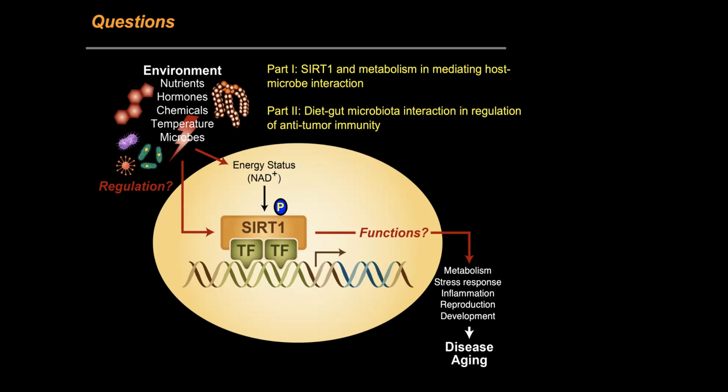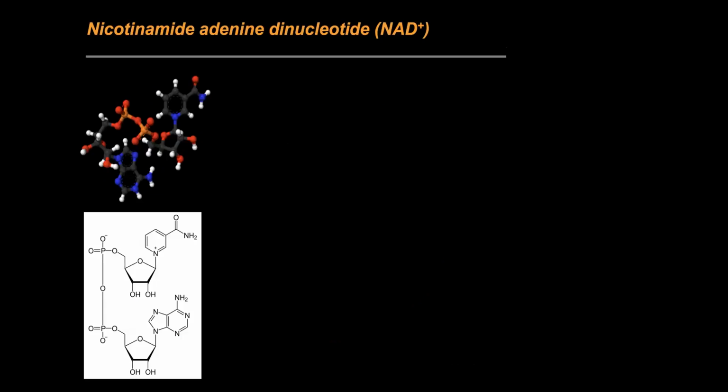However, since SIRT1's activity is exclusively dependent on NAD, the cellular level of NAD is one of the major regulators of SIRT1's activity. So one of the major focuses of my lab is to study environmental regulation of cellular NAD metabolism. So NAD is nicotinamide adenine dinucleotide.